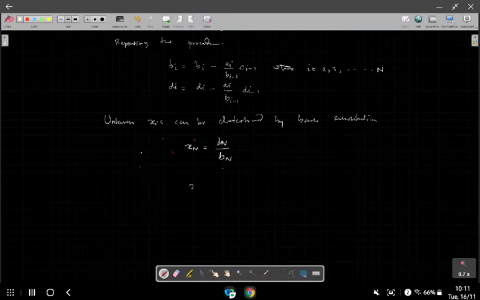And then xi will be equal to di minus ci xi plus 1, divided by bi.